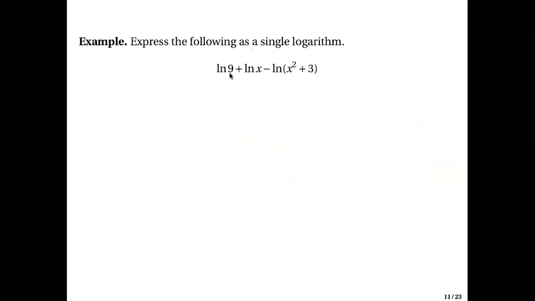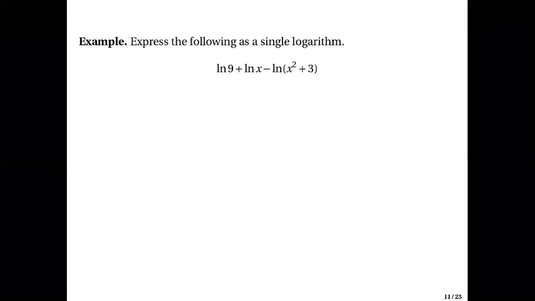So again, this is ln, so it's the log with base e. You see here, it's just plus. You also have plus in here, and then you have the minus. So for all of those with the plus, the arguments will be in the numerator. For those with the minus, we just have one here. This guy here will be in the denominator.